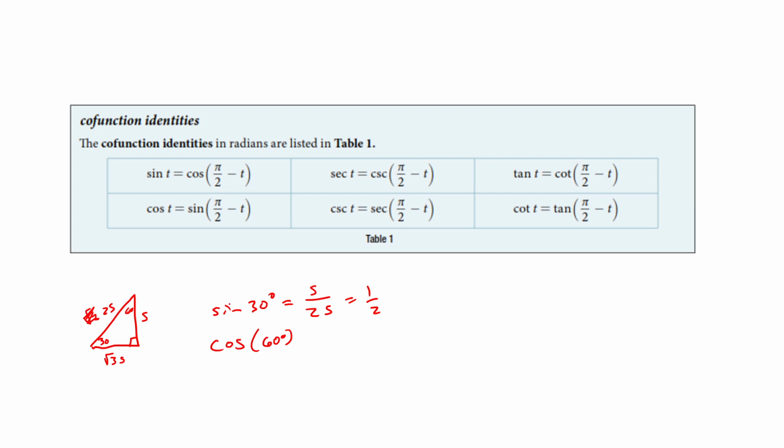Now, if sine is opposite over hypotenuse and cosine is adjacent over hypotenuse, look what happens. So the adjacent to 60 is still s. So 30, these identities are saying the two partner angles are pointing to the exact same sides. Do you see what I mean? So sine called him opposite and cosine said adjacent, but because they're partner angles, he's in this position here, 60's in this position here.